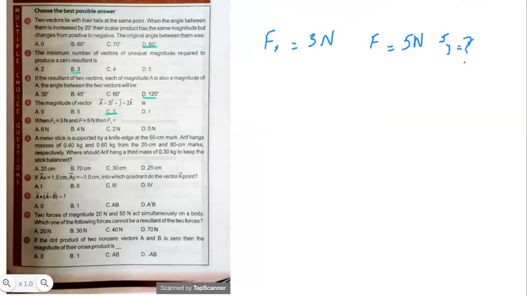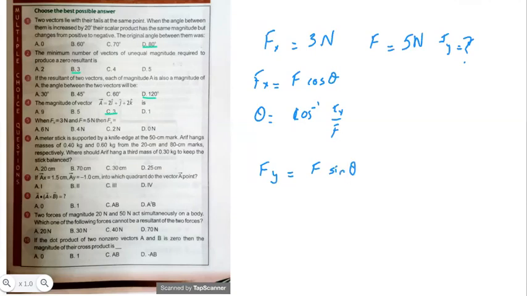We know that fx is equal to f cos theta. So the very first step is to find theta. Theta will be equal to cos inverse of fx over f, and then you will substitute this theta in the second equation, which is f sine theta.